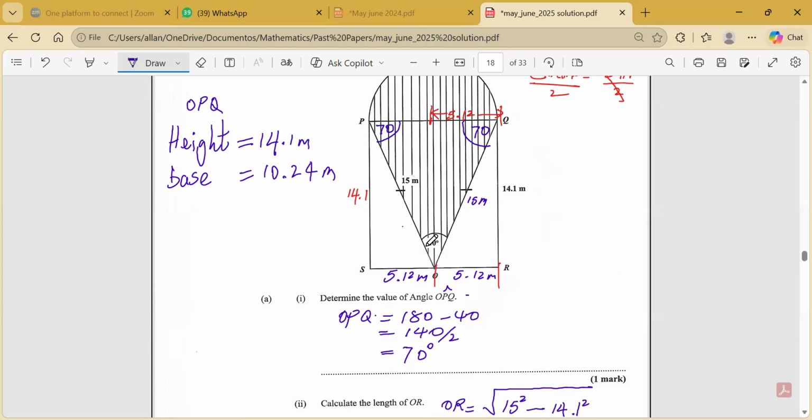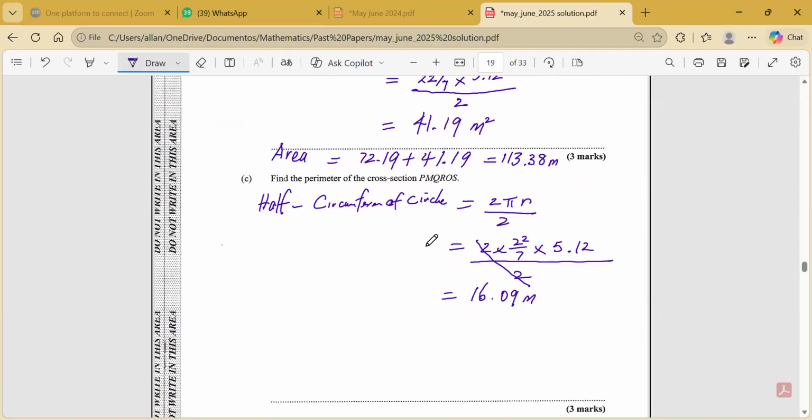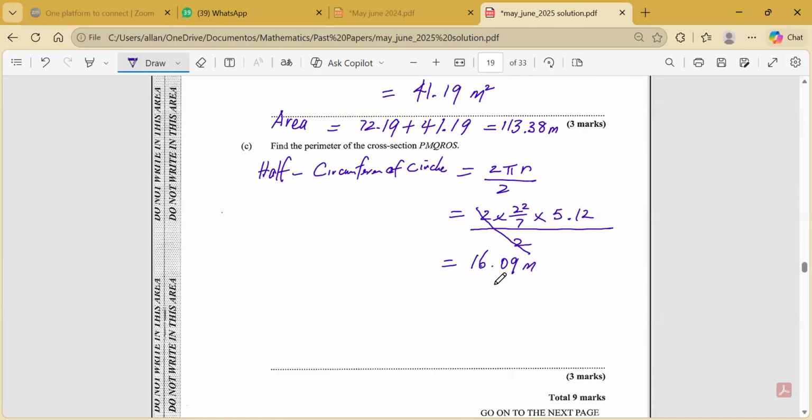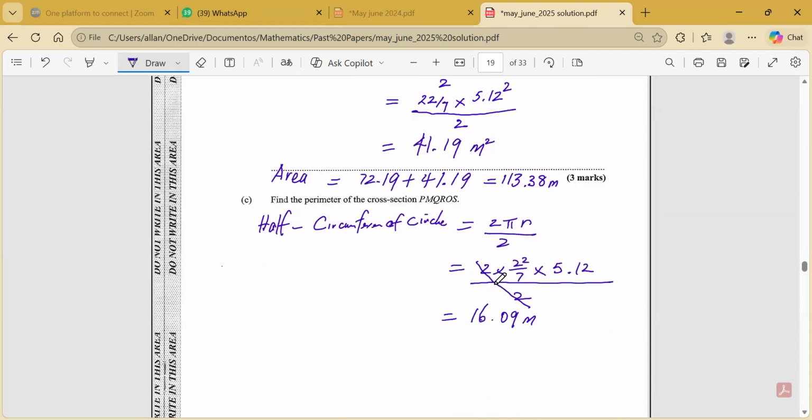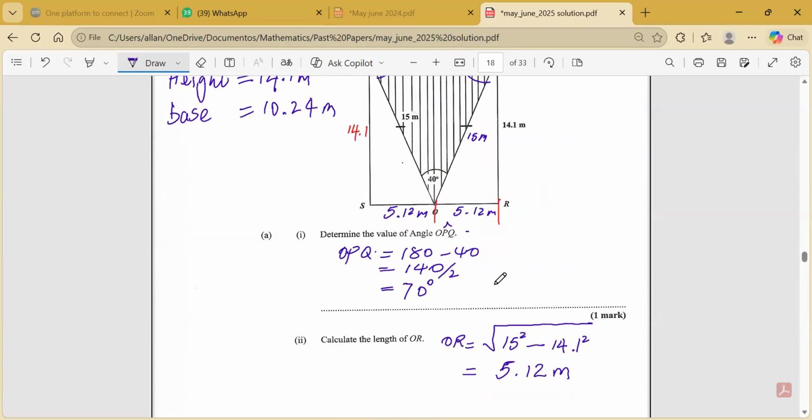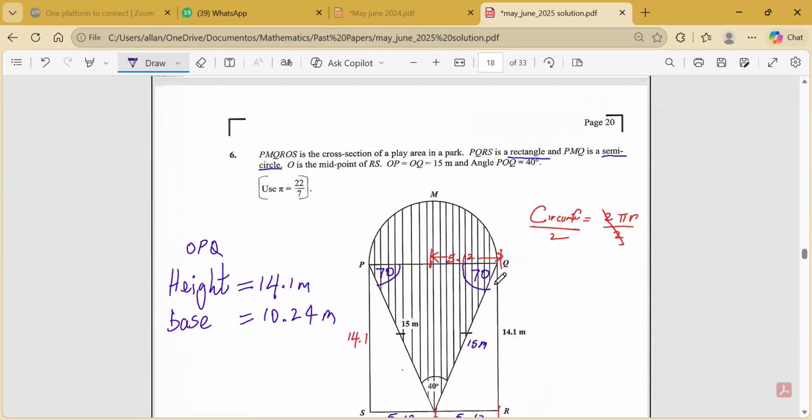So repeat what you say, sir. You're finding the perimeter. Because remember, Antonio, we found the length of the circle, which is the length of the half circle, 16.09. So I could put that in.